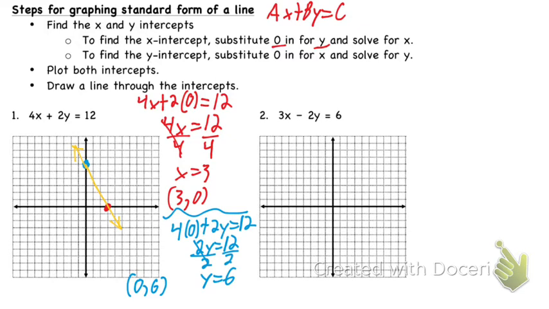We made a table, we used the slope and the y-intercept, and now we're using the x-intercept and the y-intercept. So we know both these points are on the line, so there's only one way to connect the two. Nice, okay? And we're done with it. We found the intercepts, we plotted both of them, we drew a line through them. We graphed it.